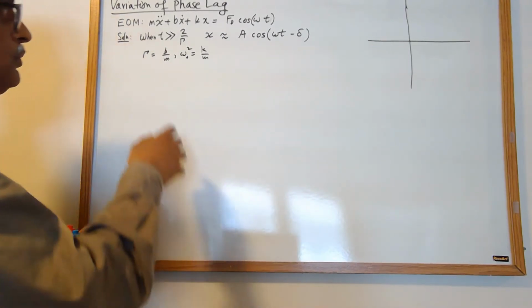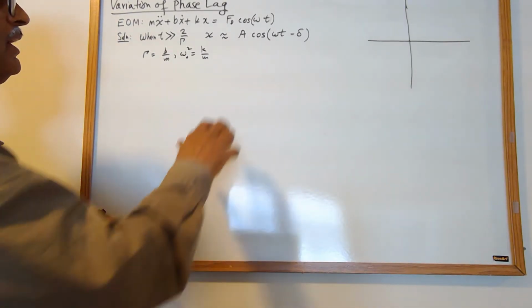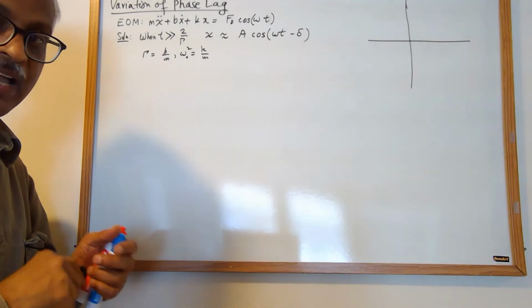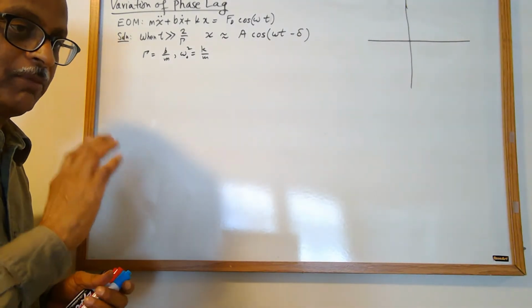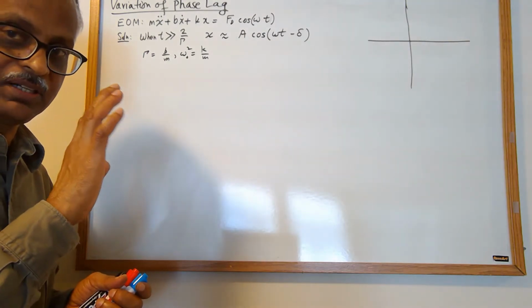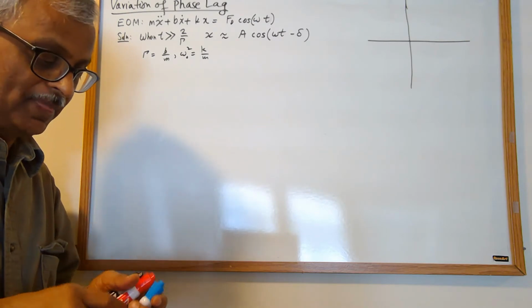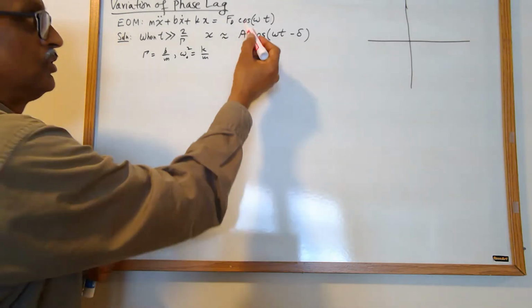Okay, we're going to talk about this phase lag that happens between the phase of the displacement and the force, that driving force. So we have the sinusoidal driving force.